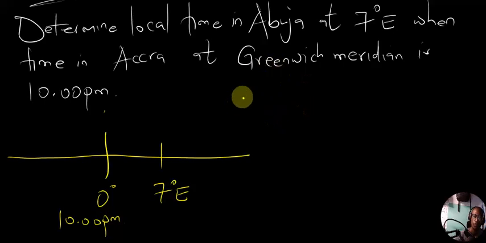So to solve this question, we start by finding the longitude difference, just like the concept of a number line. What is 7 minus 0? 7 degrees minus 0 degrees. It is just 7 degrees. That is the longitude difference.